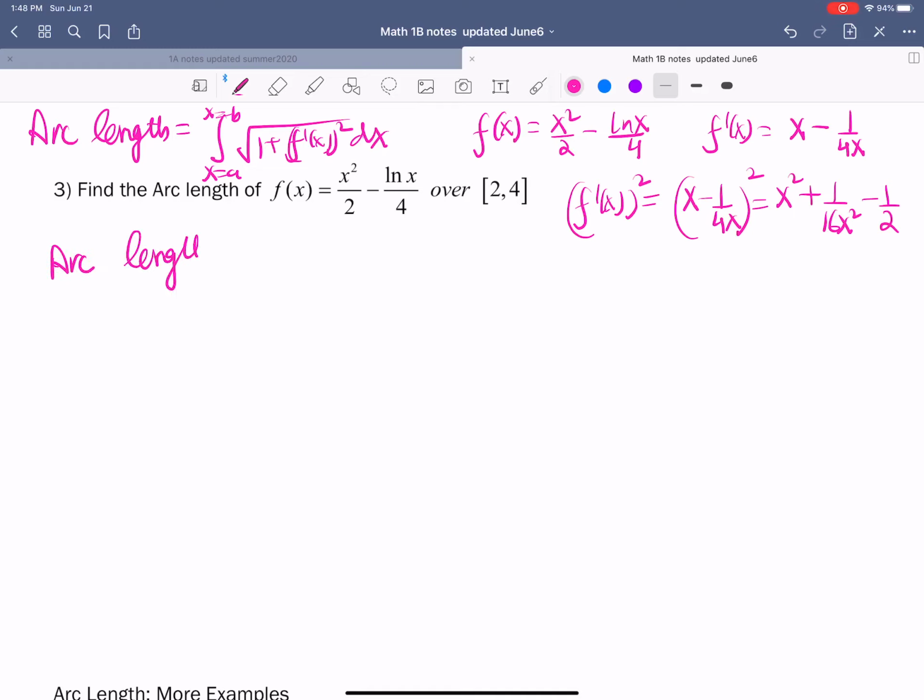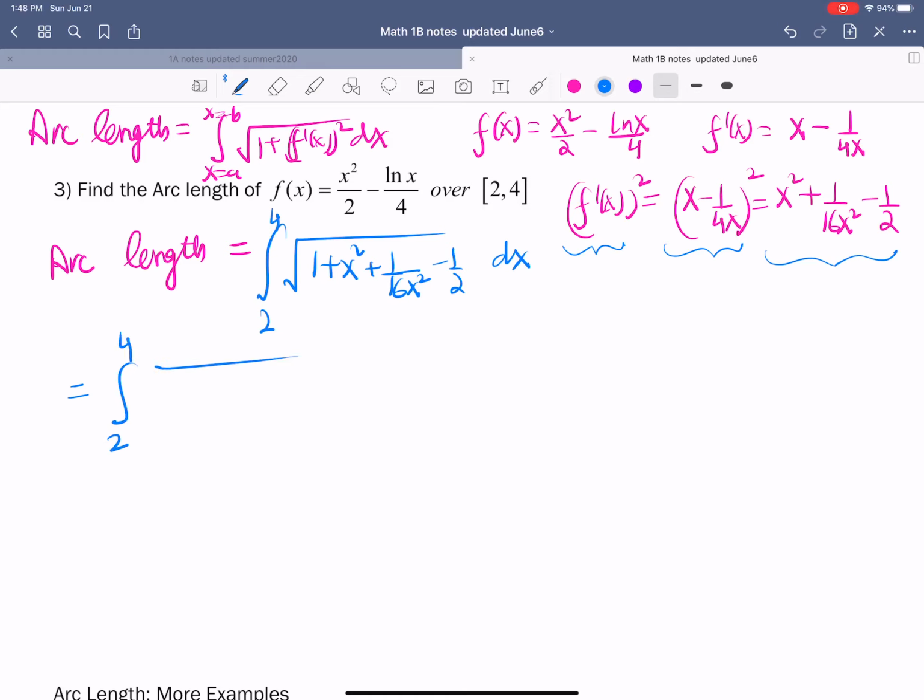We have arc length equals from 2 to 4 square root of 1 plus f prime of x squared. We already did that piece: x squared plus 1 over 16x squared minus 1/2 dx. Going from 2 to 4, looks like there are like terms, 1 and negative half, so we would have x squared plus 1/2 plus 1 over 16x squared dx.